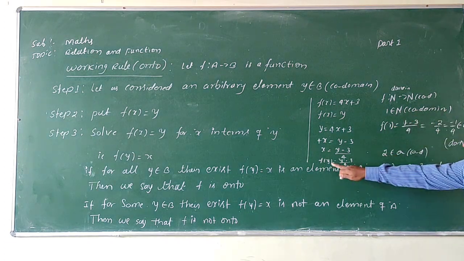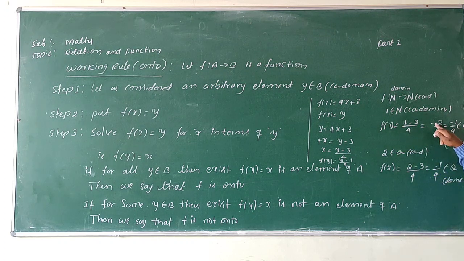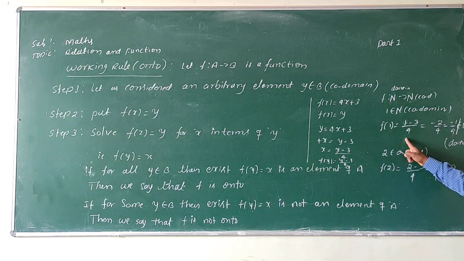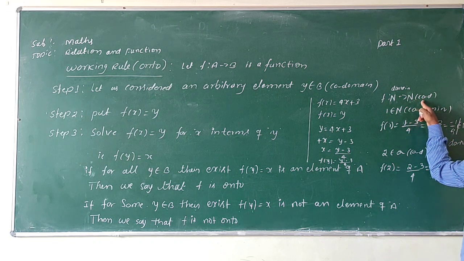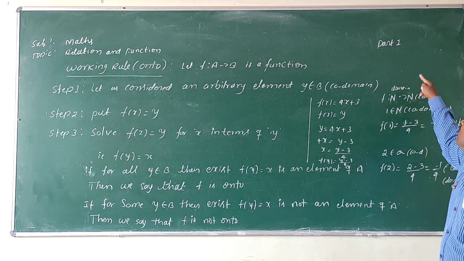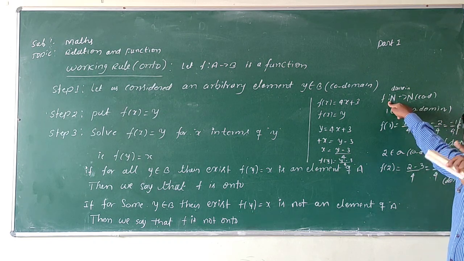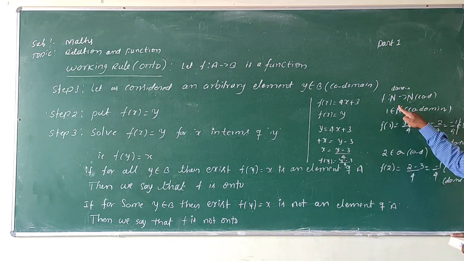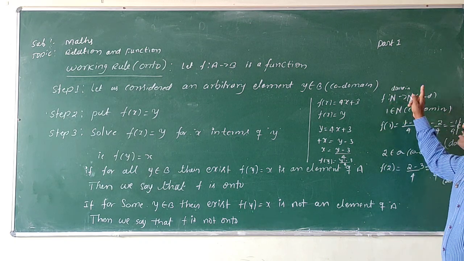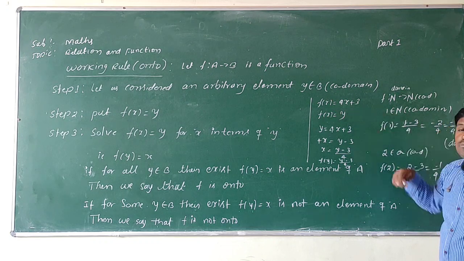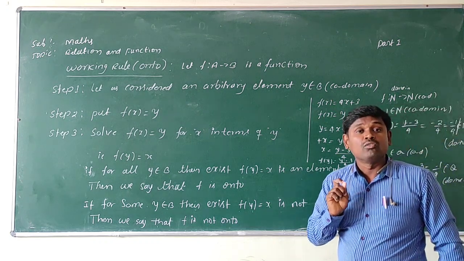Put this in the equation: f of 1 we get minus 2 by 4, that is minus 1 by 2. Does it belong to natural numbers? No. So 1 belongs to the codomain but has no pre-image in the domain. That means it does not satisfy the definition of onto function. Therefore f from N to N defined as f of x is equal to 4x plus 3 is not an onto function.